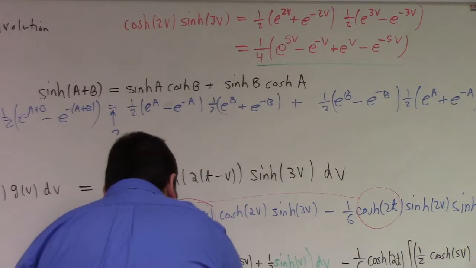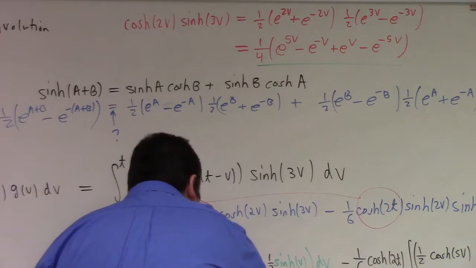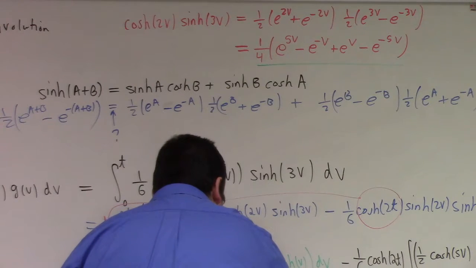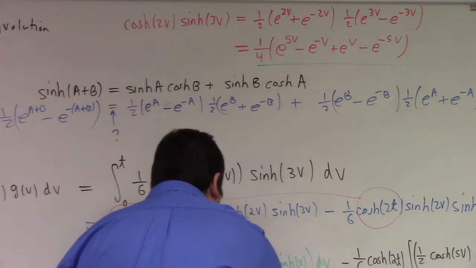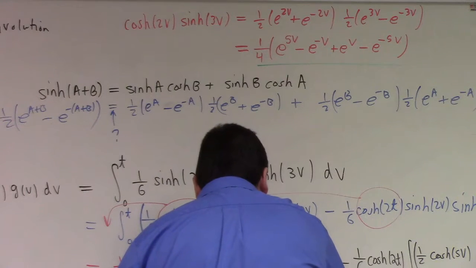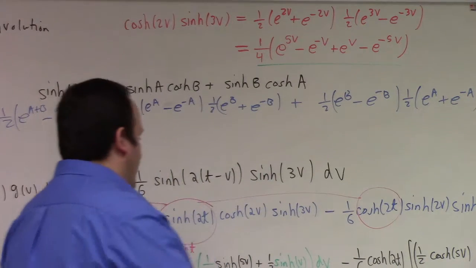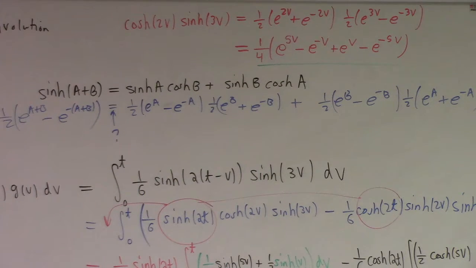So that gives me 1/10 cosh of 5t plus 1/2 cosh of t. But then we subtract the lower bound. Don't ignore it. It's there. What's cosh of 0? It's 1. So I get a half.